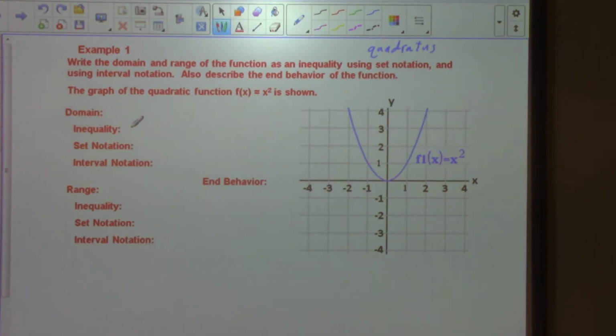Well, it's all real numbers, and we can write it like this: x is greater than negative infinity, less than infinity. There it is. Okay, what is our set notation going to be for this?